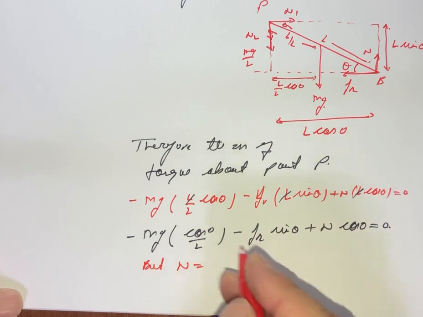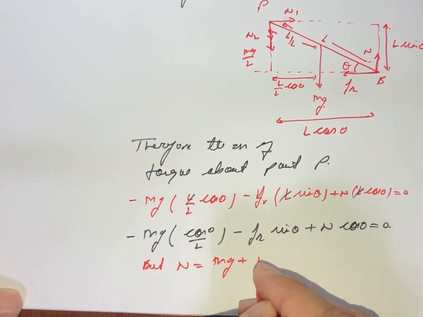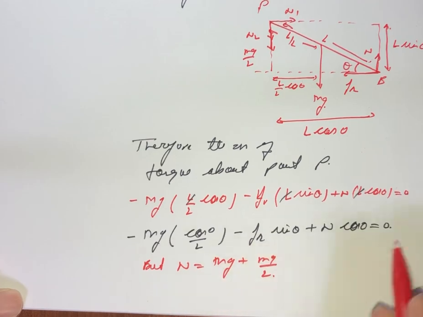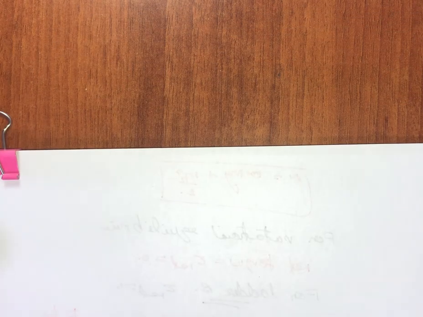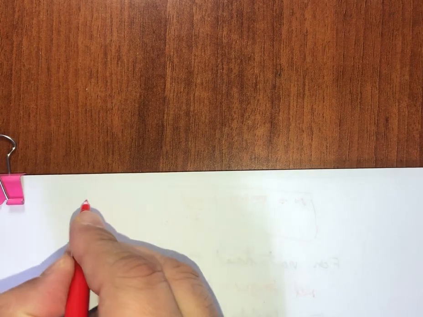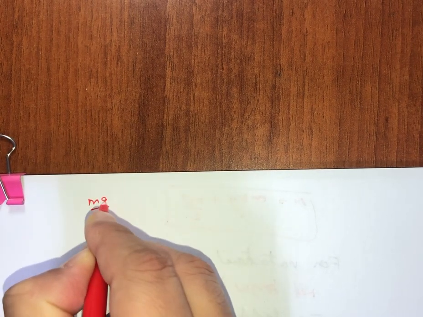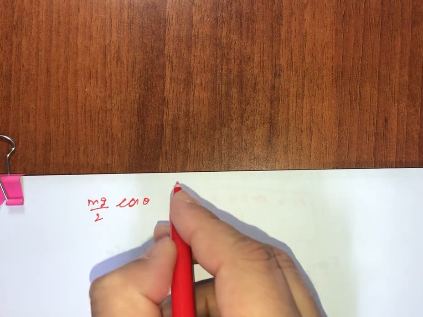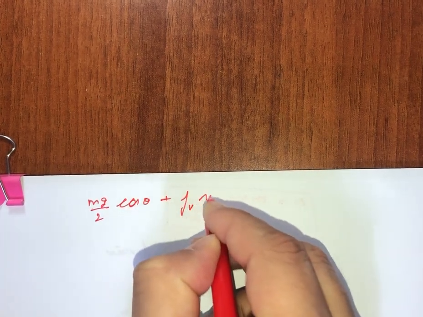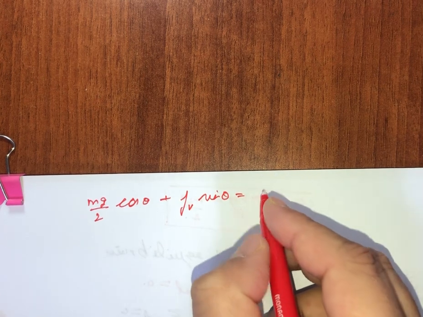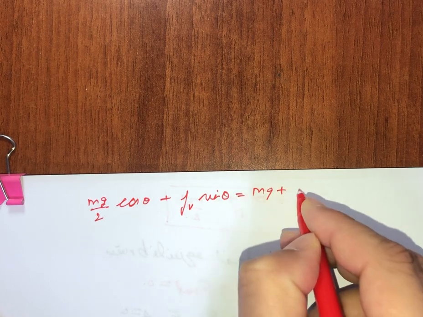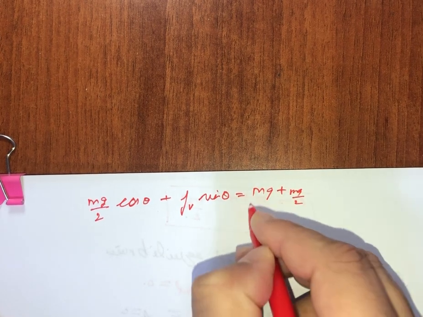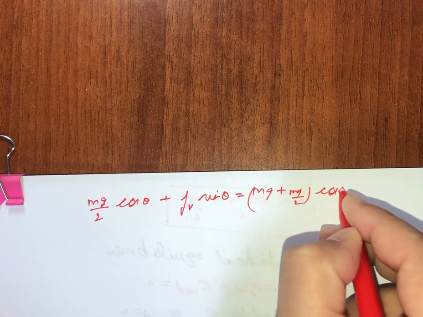We are substituting this equation. We get this as mg by 2 cos of theta plus Fr sine of theta, and our normal was mg plus mg by 2 cos of theta.